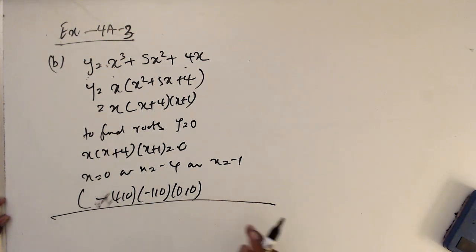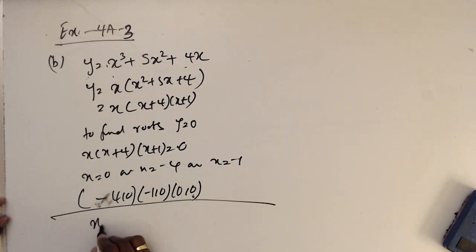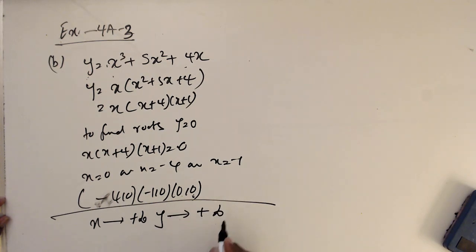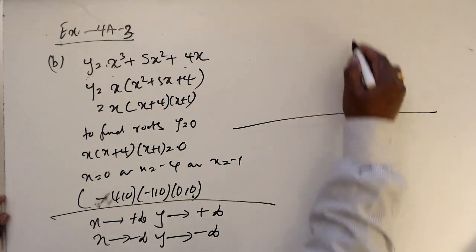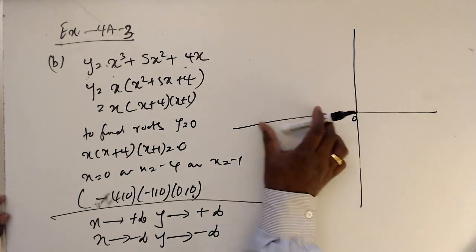So those are the options. I don't need to check whether x equals 0 because we know it already. And as x goes to positive infinity, y also goes to positive infinity, and as x goes to negative infinity, y goes to negative infinity. Now, what is the option? 0 here, both roots are here.